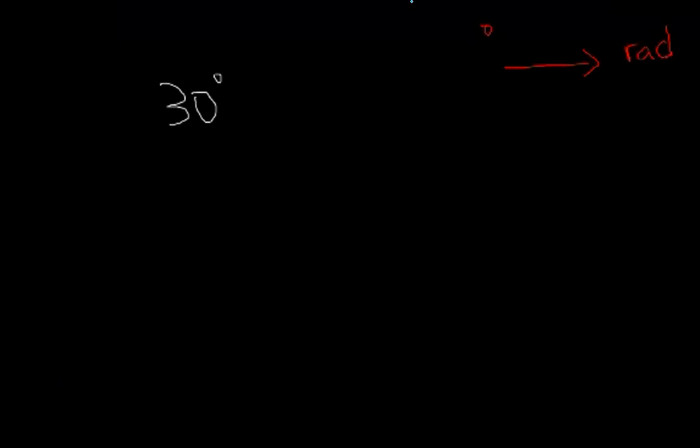Okay. Dividing by 180 on pi is the same as multiplying by pi on 180. In case anybody does not understand why, when dividing by a fraction, you multiply by the reciprocal. The reciprocal of 180 on pi is pi on 180. So let me just put in brackets here, in case you prefer to divide by 180 on pi.